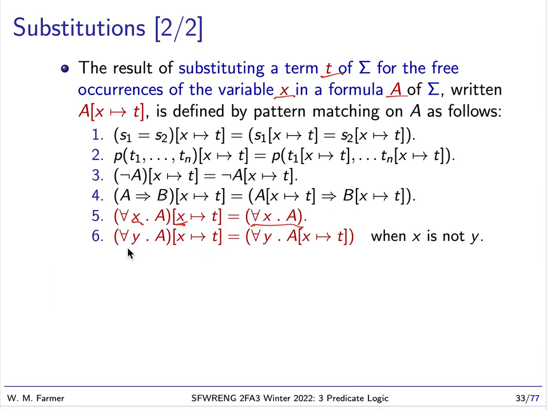And if we have a variable y which is different than x, then we get back the result of taking the universal quantification of y, but we substitute t for x in A. Okay, so that's how substitution works.